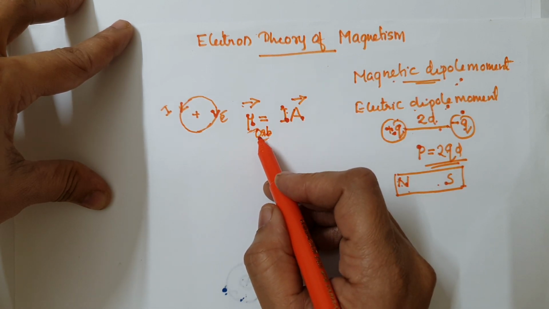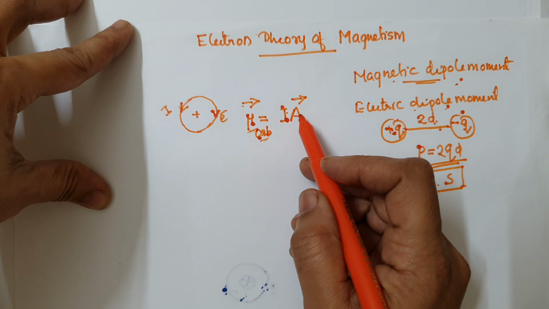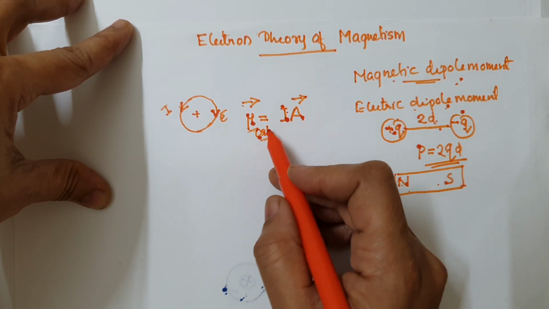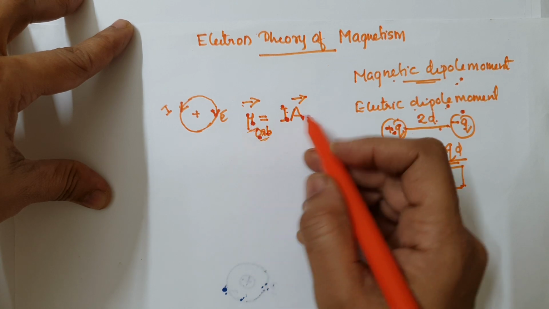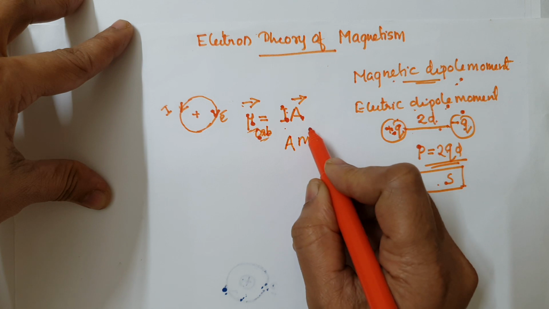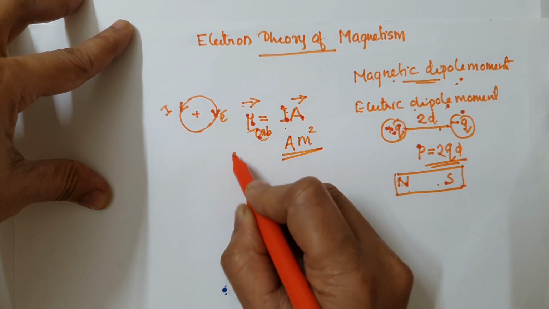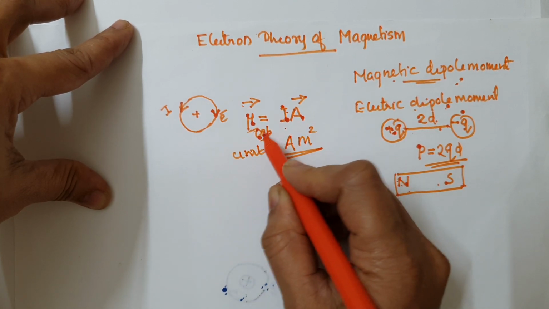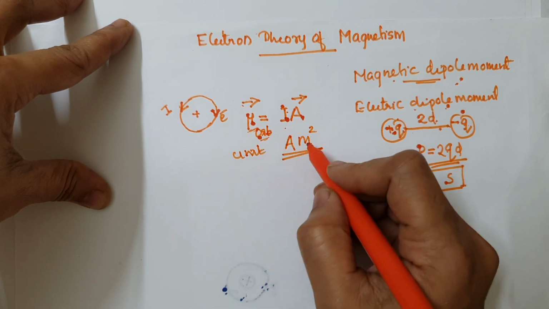This mu orbital is represented as the current into the area. The unit of magnetic dipole moment: current is ampere and area is meter square, so the unit is ampere meter square.